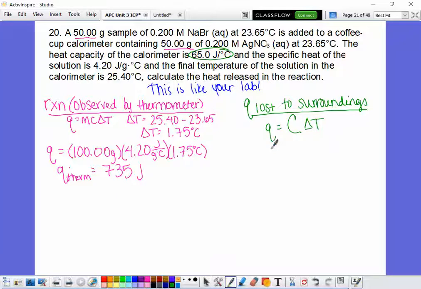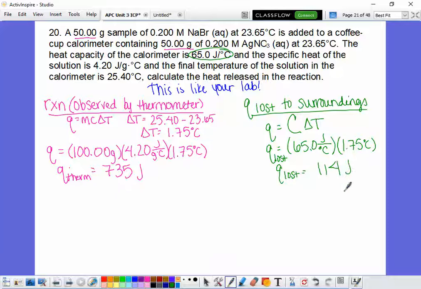Okay? So this is Q lost, equals, big C is 65.0 joules per degree Celsius. What's our delta T? 1.75. So Q lost is what? That can't be right. It should be around 110.